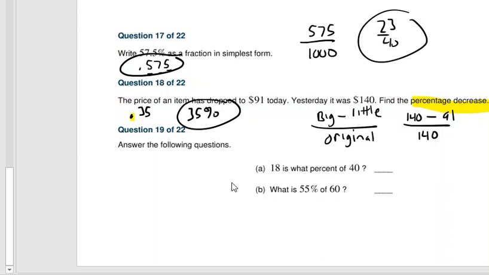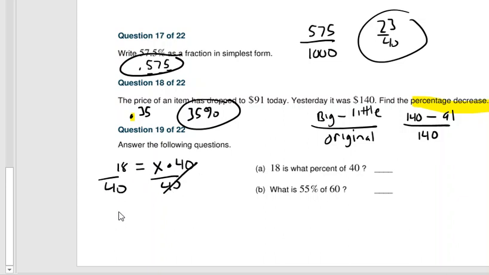Okay. Question 19. 18 is what percent of 40? So we would do 18, instead of the "is," we're going to do an equals. Instead of the "what percent," we're going to do an x. Instead of the "of," we're going to do a times, and then we have 40. So all we have to do now is get rid of the multiplication by 40 by dividing by 40 on both sides.